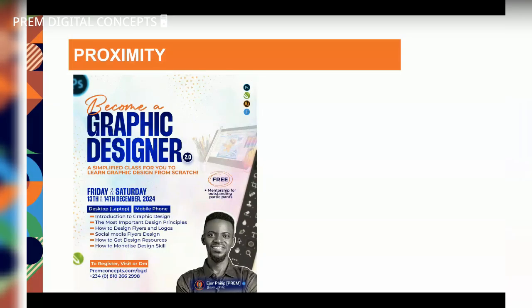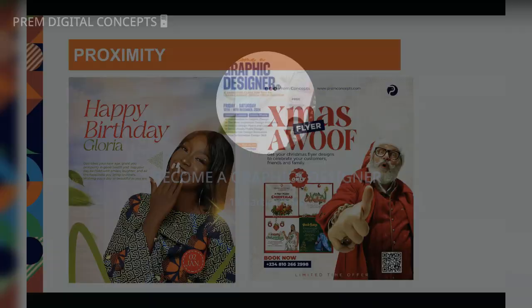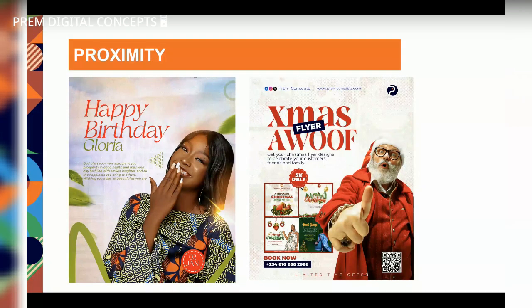The birthday one, you probably see the picture first, then you see the happy birthday. For the Christmas one, because of the redness, you might see the Xmas Awoof before your attention goes to the Father Christmas, or you see the Father Christmas first.